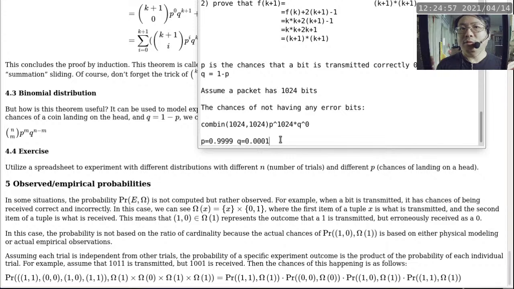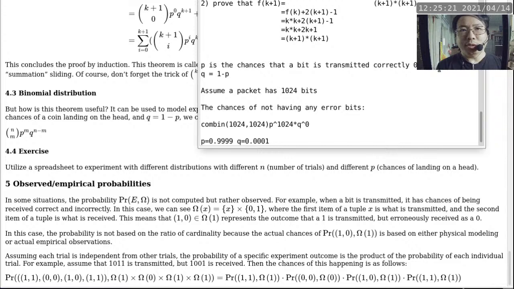So what does that do for you? It can give you an estimate of the throughput of the system, because occasionally we have error bits in the packet and then we have to retransmit. So it gives you the ability to calculate the theoretical throughput, because of the chances of transmitting a bit incorrectly.